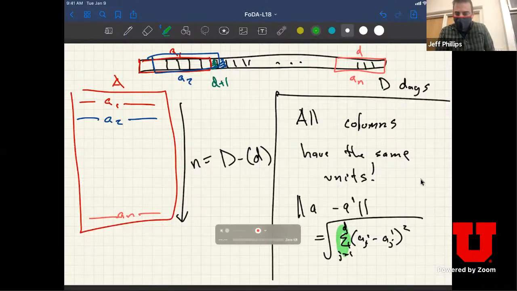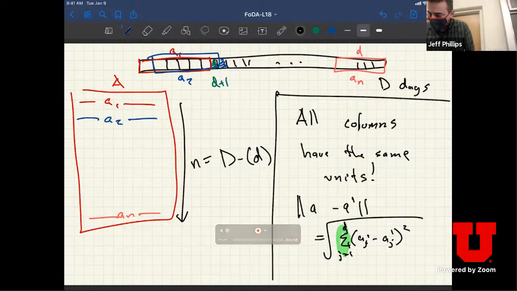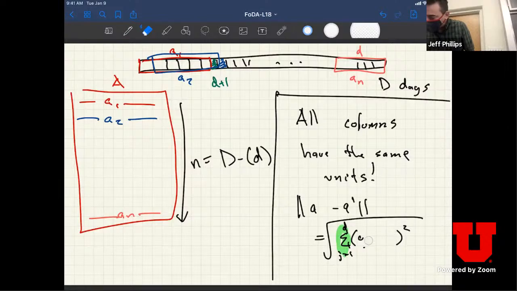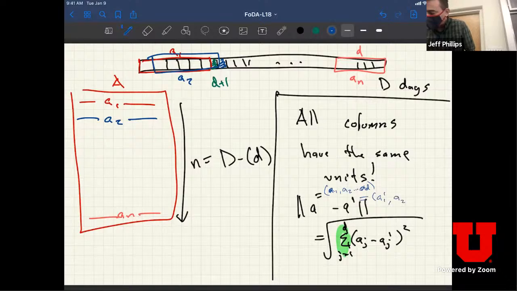Was the inside the parentheses, this is... can rewrite this. This is AJ minus AJ prime, and that was the idea that this guy was equal to A1, A2 up to AD, and this guy was A1 prime, A2 prime up to AD prime.